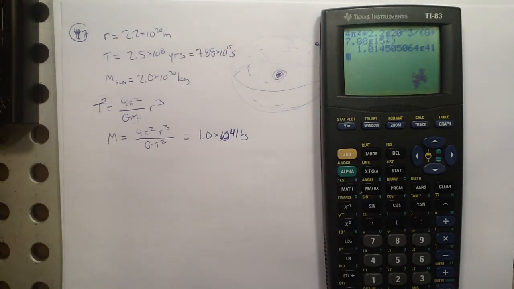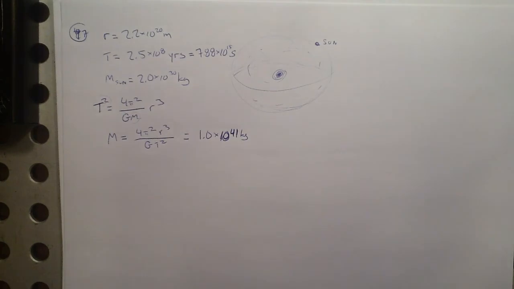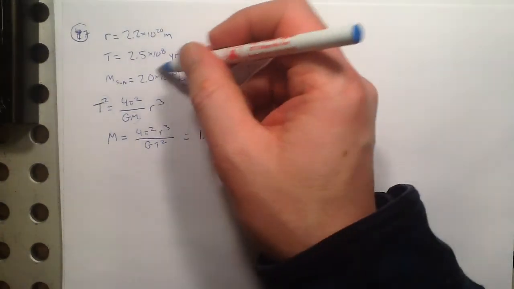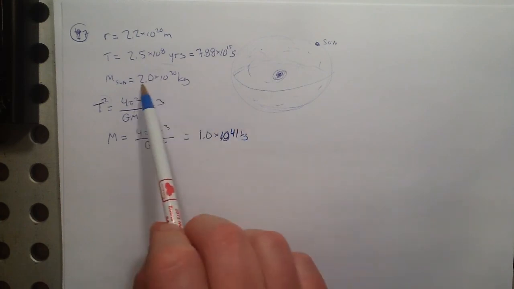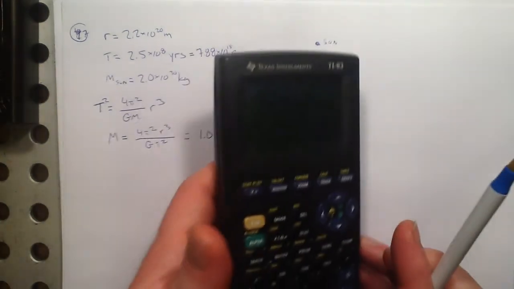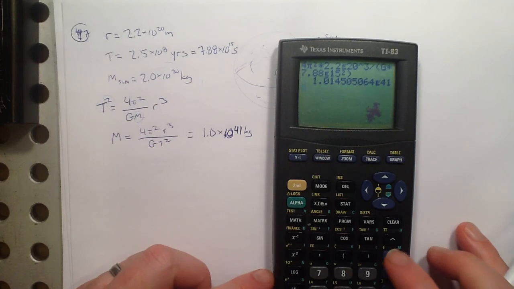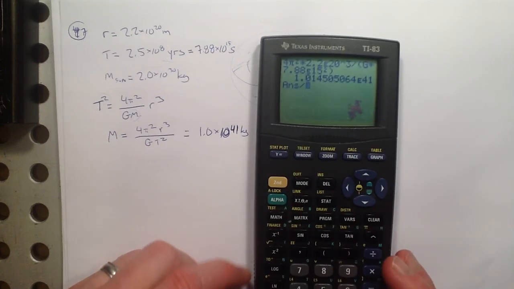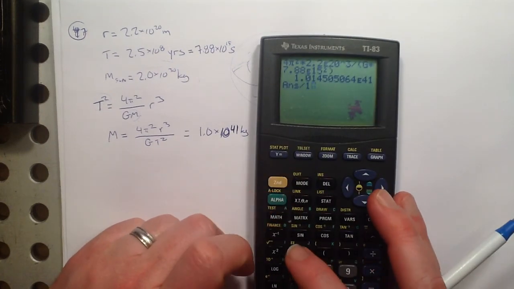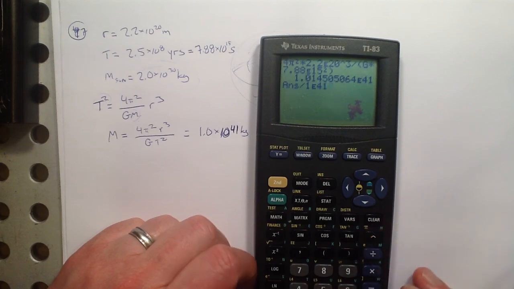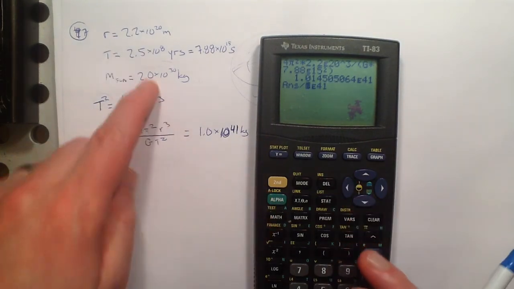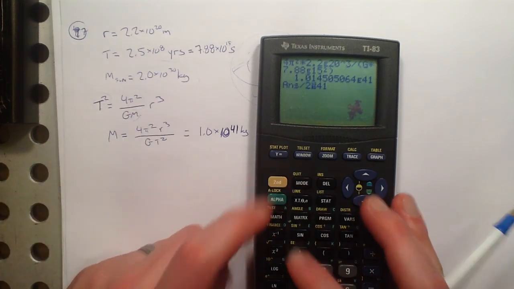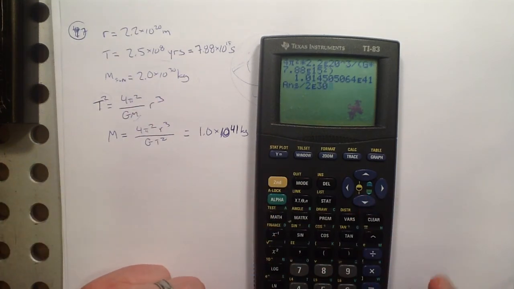And if that's the mass of the whole thing, and it's filled up with stars that have the same mass as our sun, then the number of stars is just the total mass divided by the mass of each star. I'll take that number here and divide by, oops, sorry, divide by the mass of the sun, which is 2 times 10 to the 30th kilograms.